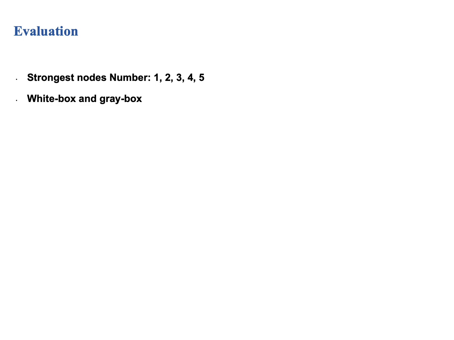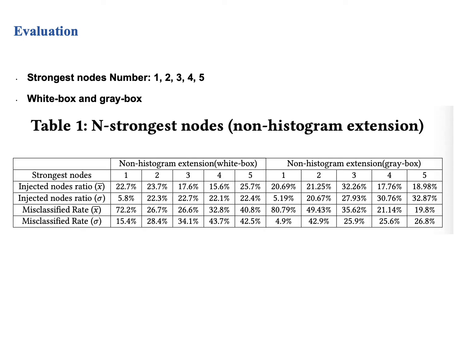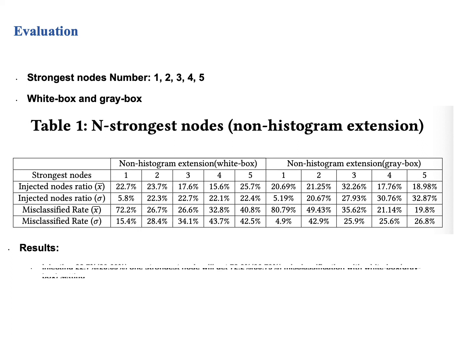First of all, we will show the results of the instruction nodes. In our work, we inject 1, 2, 3, 4, 5 different instruction nodes. Table 1 shows the instruction nodes with no histogram extension. We can see that we get a nearly 72% misclassification rate with the white box setting, but we inject only about 22% of the nodes.